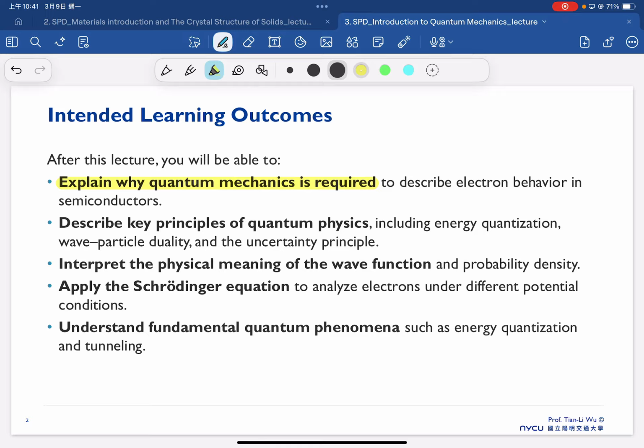You understand why for electrons in the semiconductor we cannot use typical Newtonian physics, and also describe the key principles of quantum physics, including energy quantization, wave-particle duality, and the uncertainty principle. To be honest, these are also not new, because I believe you have already learned this in modern physics.